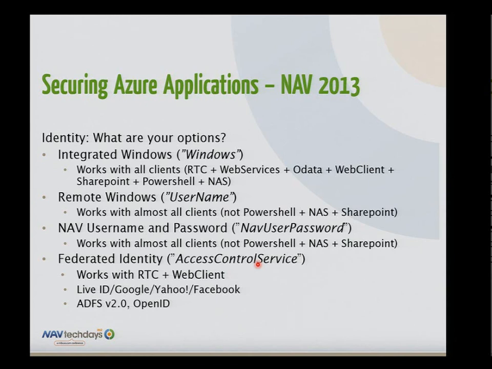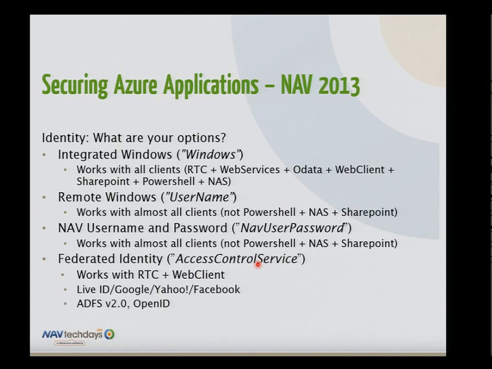And you can use it everywhere. You can use it on-prem. But it works out of the box with Live ID, Google, Yahoo, and with a little bit of configuration, also Facebook. So if you trust either of these identity providers, then you can configure NAV to authenticate one of these users, for instance, a Google user.